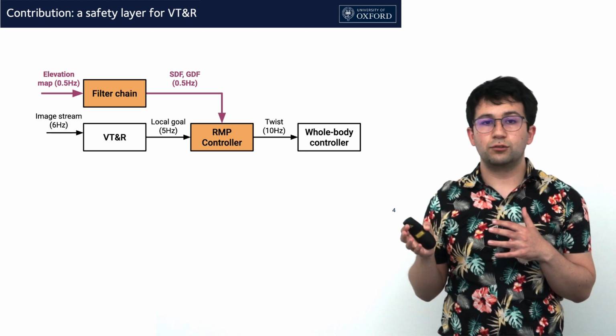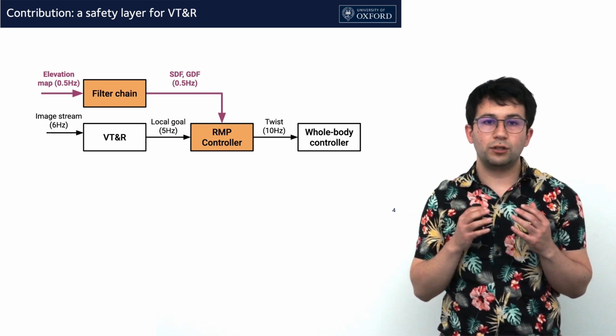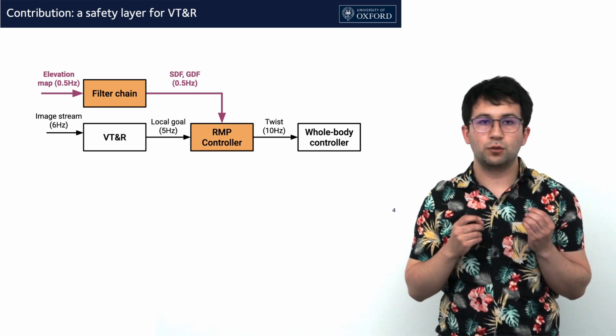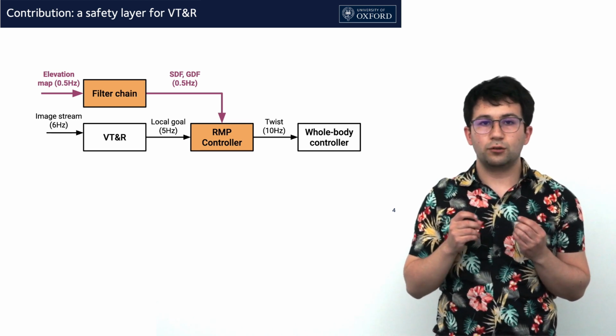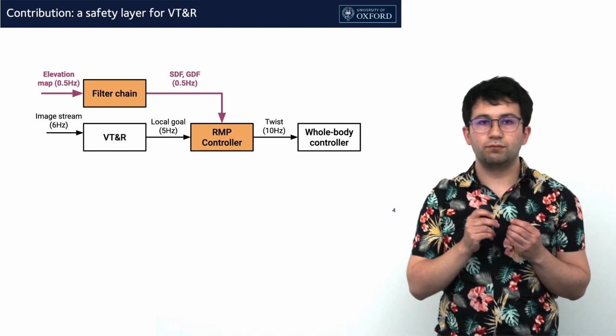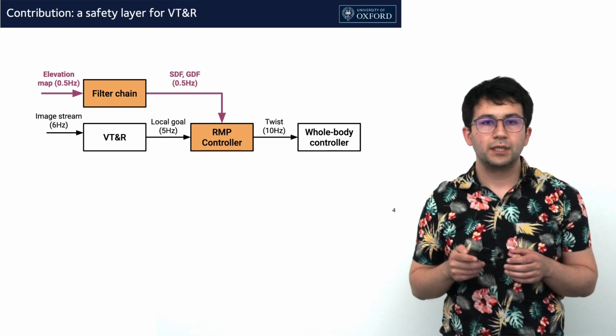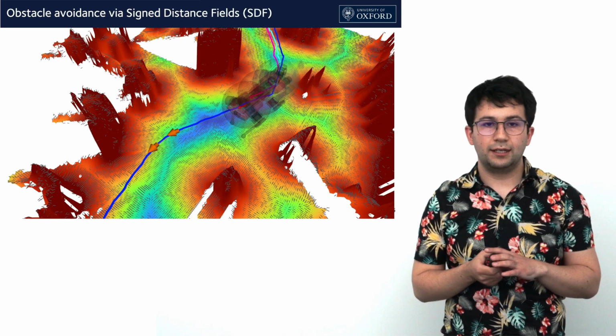This is in contrast to our previous approach, in which we only used a blind controller that received position goals and just generated the velocity command to reach them, assuming that the space was free. Our representations are the ones I show here.